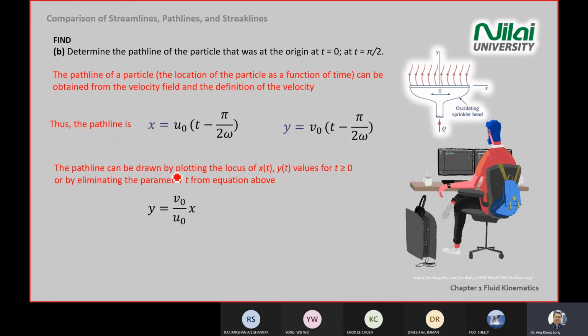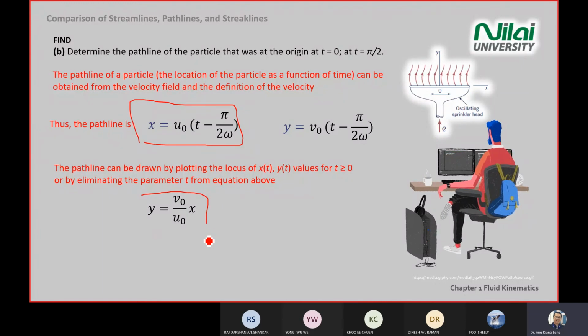Then you will get y. Actually, when you combine, you substitute. You have two equations, right? How do you arrive at this one? You simplify these two equations, y and x. How do you simplify? You have the same term here, which is t.